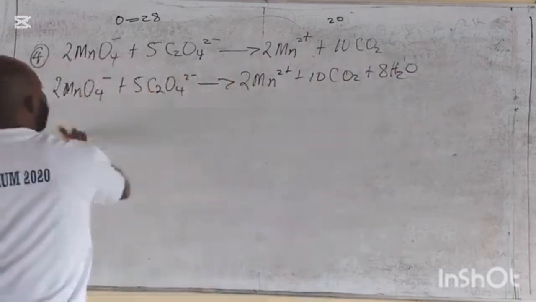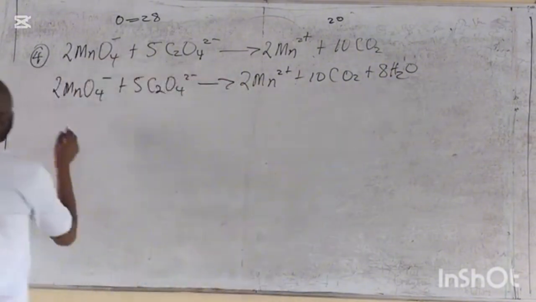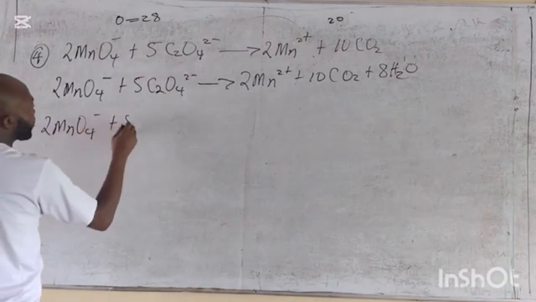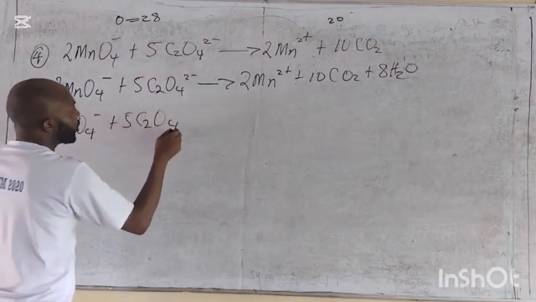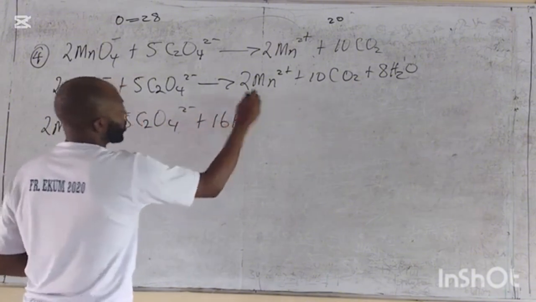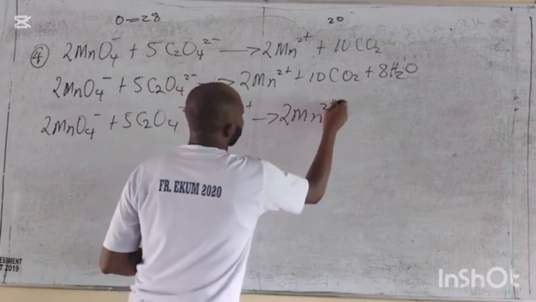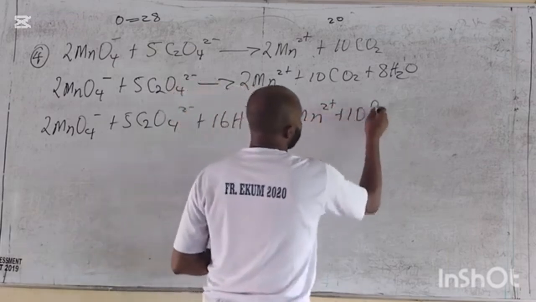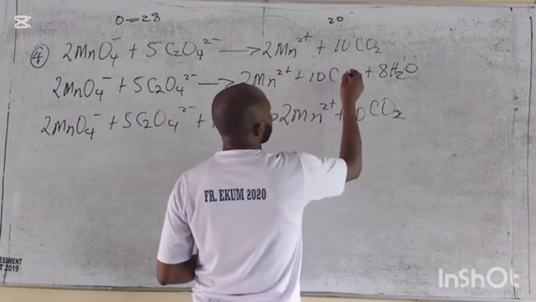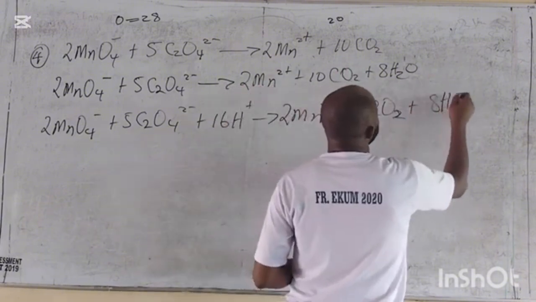Now hydrogen this way, I have 16 hydrogen here, so I'll come back this way. I have 2 MnO4 minus plus 5 C2O4 2 minus plus 16 hydrogen plus will give us 2 Mn2 plus, 10 CO2 plus 8 H2O.